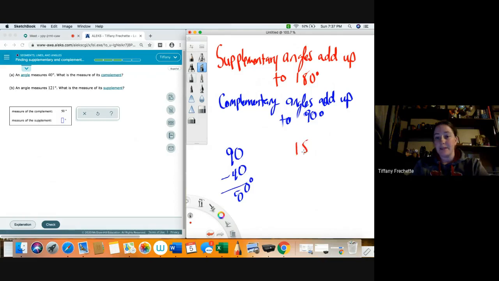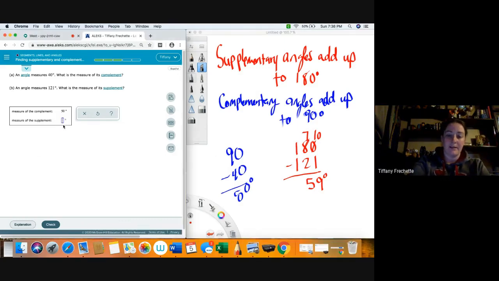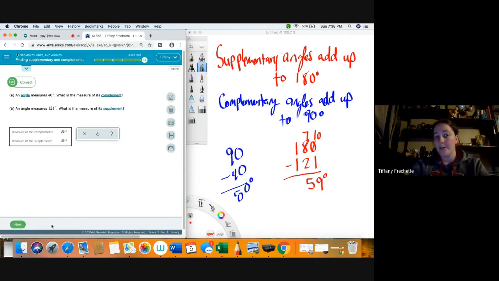Supplement adds up to 180. I subtract, and I get 59 degrees. Woo! I got that one wrong. All right, we are going to check. And there we go. We finished another one.